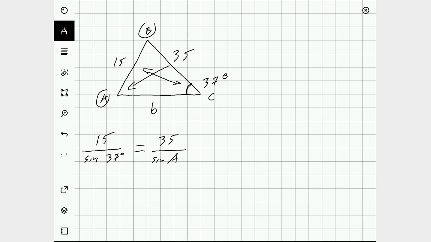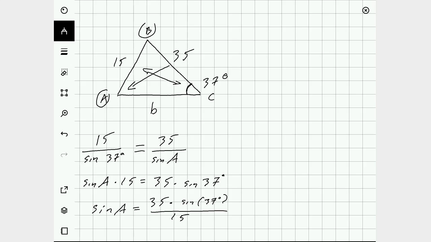I can do some manipulating here, cross product rule, and divide to get that the sine of angle A is 35 times the sine of 37 degrees, all divided by 15, which my calculator is quite happy to tell me is 1.404.